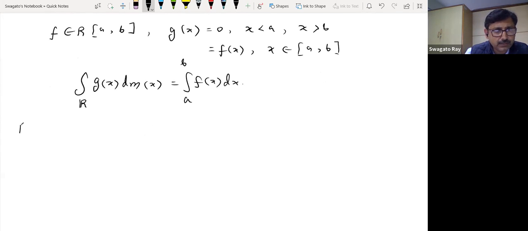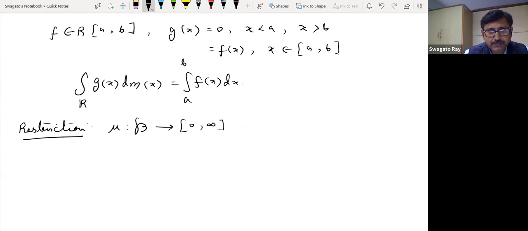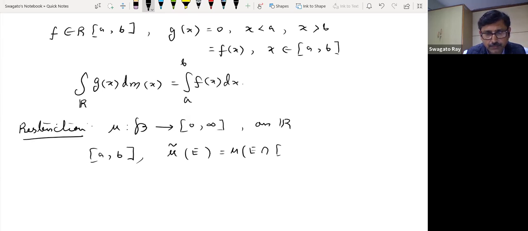So what one can do, and that may appear in the next series of lectures, is this: given a measure mu, let us say on the Borel sigma algebra of the real line R, take an interval [a,b] and define a new measure called mu tilde of E to be equal to mu of E intersection [a,b]. This means restricting the measure to this closed interval.